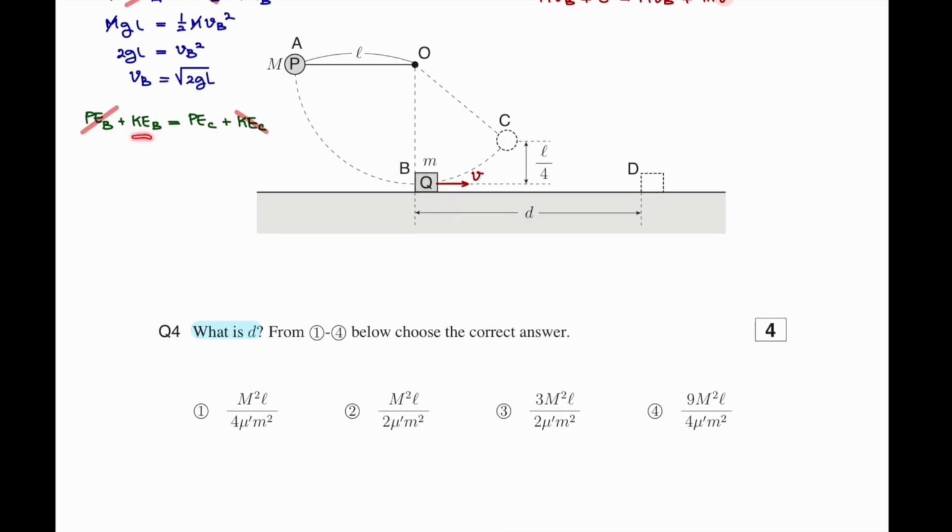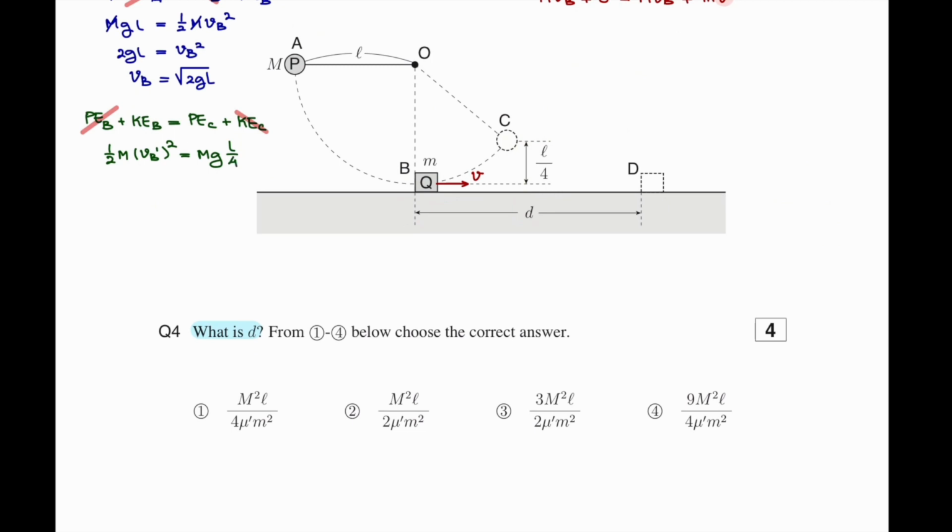Kinetic energy at point B after collision is equal to half m Vb prime squared, which is equal to potential energy at point C, which is mg times L over 4. The height of the object is L over 4.